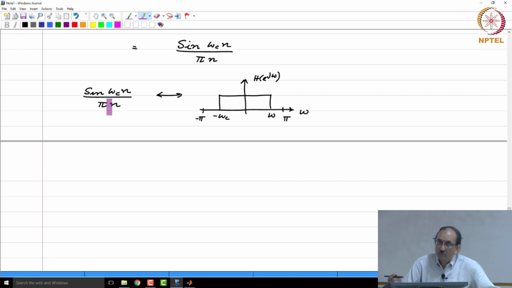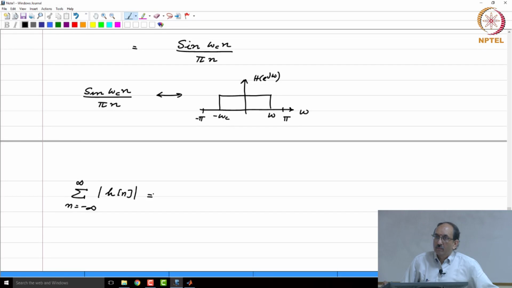Very good. Do others see this as well? So, for this particular case where h of n is sin omega c n by pi n, this value is, okay, this is a basic result that you should have known.